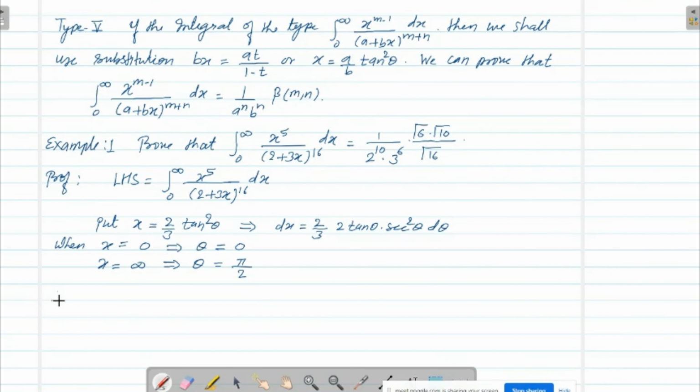Therefore, we will have left hand side equal to integration of limit 0 to pi by 2. And what is the x here?